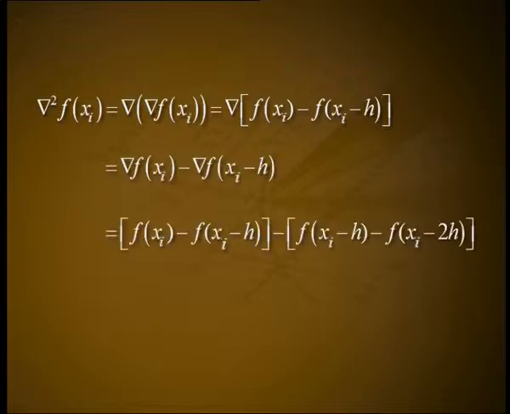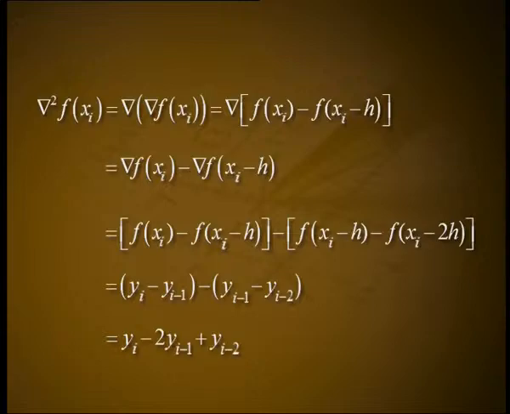The second backward difference is given by del squared f(xi) equal to del[del f(xi)], that is equal to del[f(xi) minus f(xi minus h)], that is del f(xi) minus del f(xi minus h), that is [f(xi) minus f(xi minus h)] minus [f(xi minus h) minus f(xi minus 2h)], that is (yi minus yi minus 1) minus (yi minus 1 minus yi minus 2), that is equal to yi minus 2 yi minus 1 plus yi minus 2.